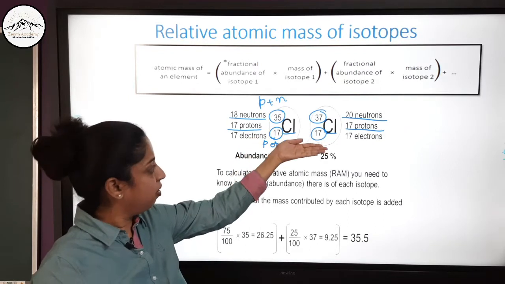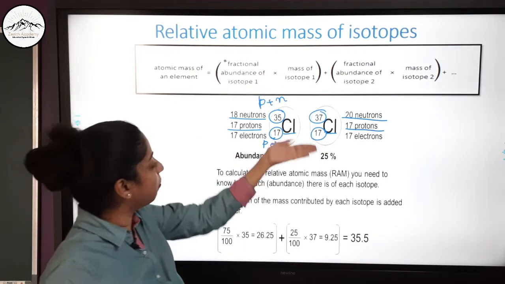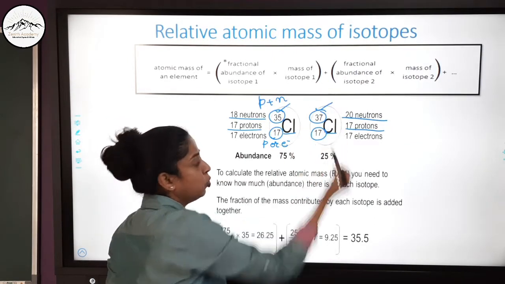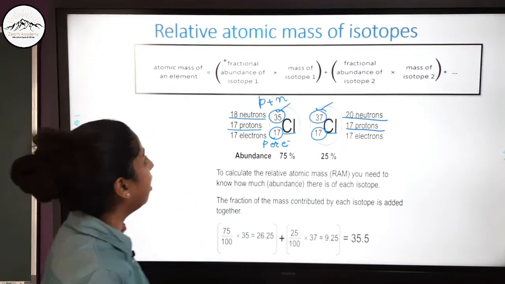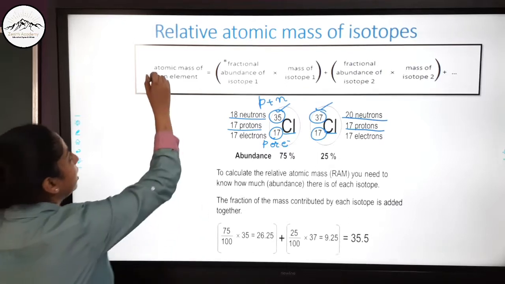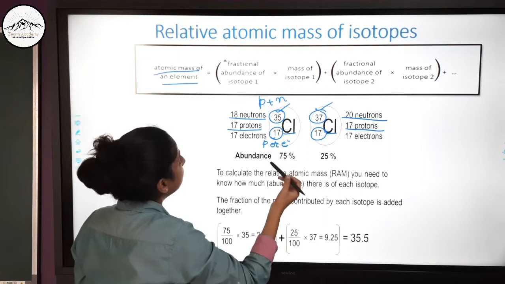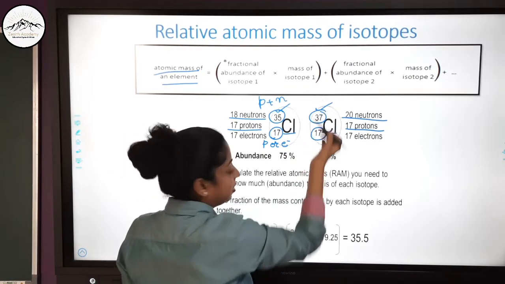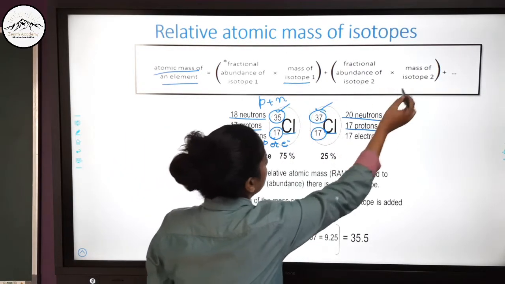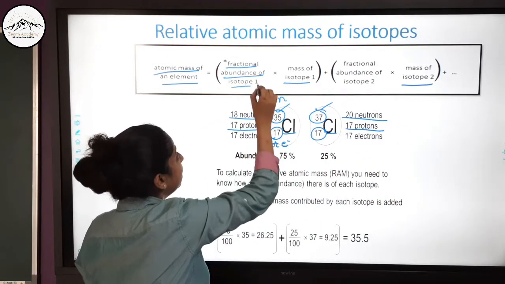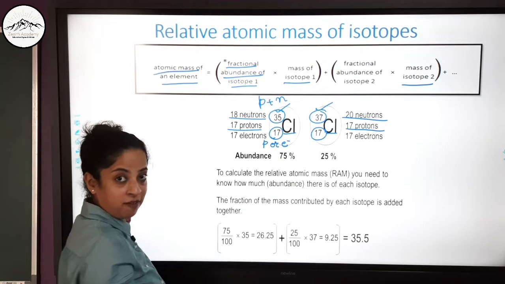So if we are told to find the relative atomic mass of isotopes, which mass will we consider? There are two masses. So we have to adopt this formula for the atomic mass of an element in case of isotopes. We can't simply take the sum of the mass of isotope 1 and isotope 2. We have to see the fractional abundance, that is, in nature how much chlorine 35 is present.